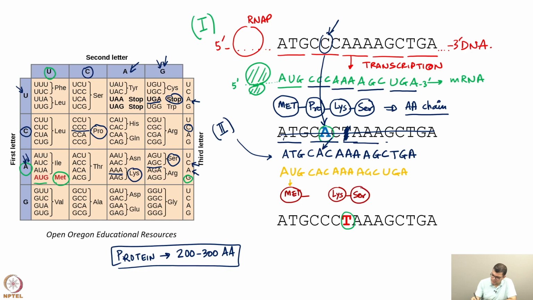The only difference is that instead of a CCC, we have a CAC in the sequence. If we see what CAC corresponds to, CCC corresponds to proline in the previous case, but now it has changed to CAC, which is first letter C, second letter A and third letter C, which is this, and that has become a histidine.